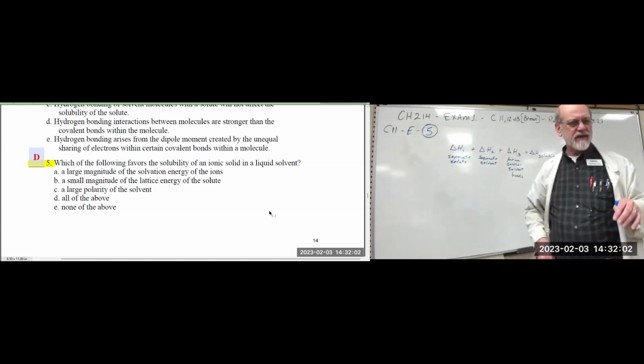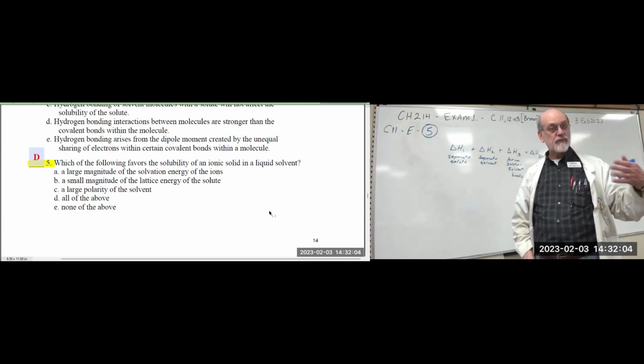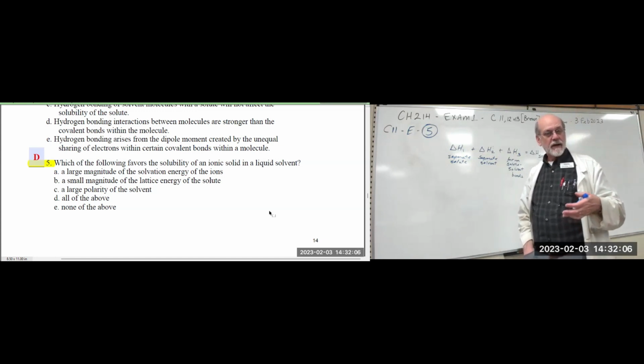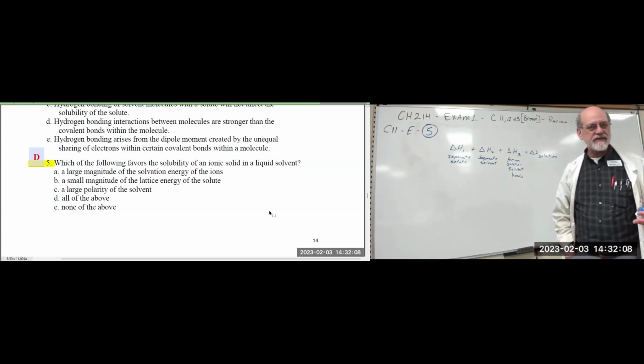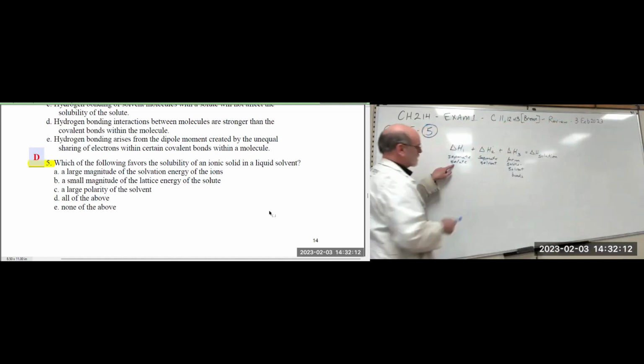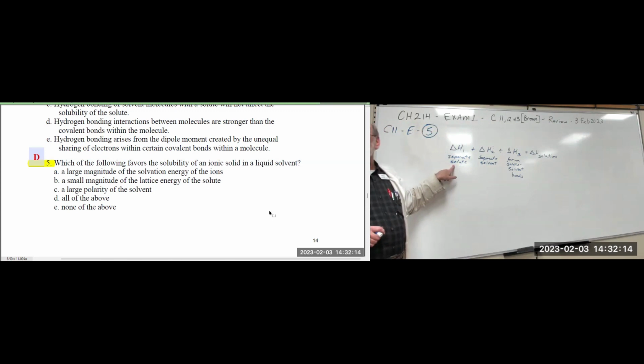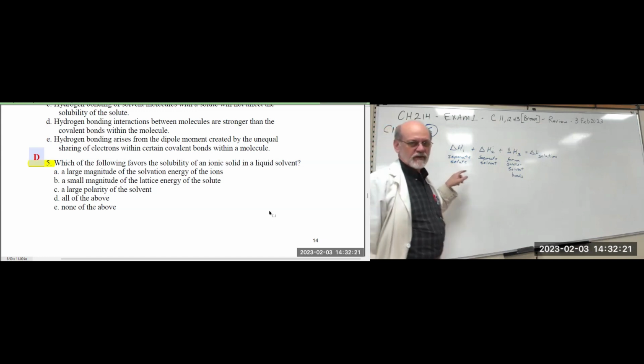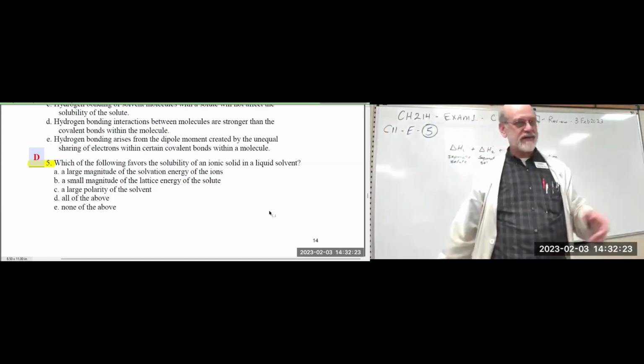So it's not the best answer, but it's part of an answer. A small magnitude of the lattice energy of the solute. Lattice energy of the solute is how much energy does it take to break the bonds, right? So if it's small, you can get them apart real easy.